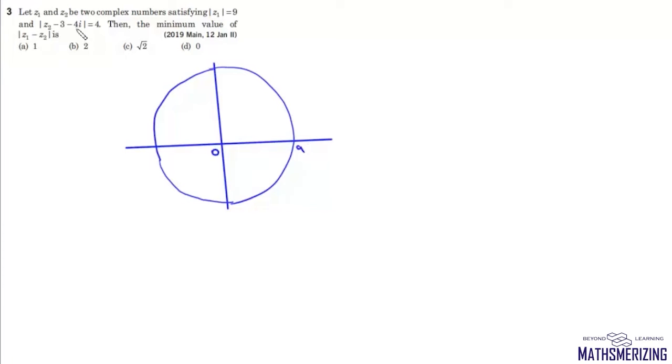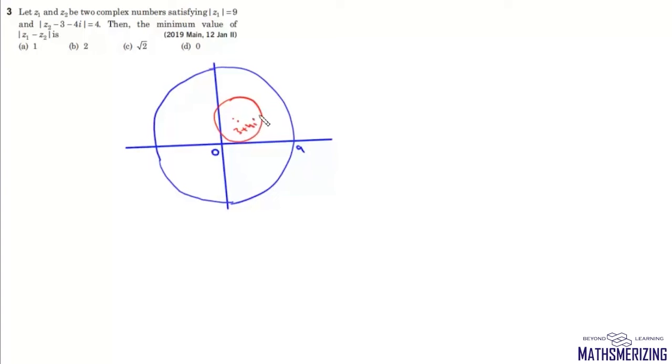Now z2 will lie on a circle whose center is at 3 plus 4 iota. So it will be at 3 plus 4 iota, and its radius is 4. So it will be this circle with center at 3 plus 4 iota.